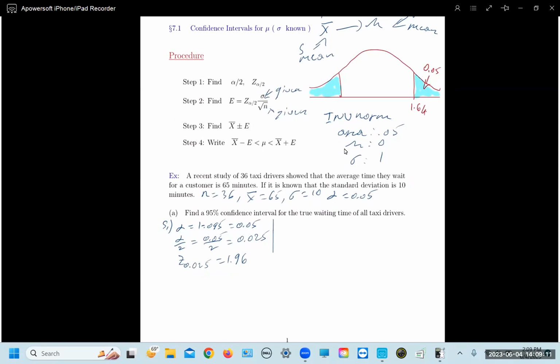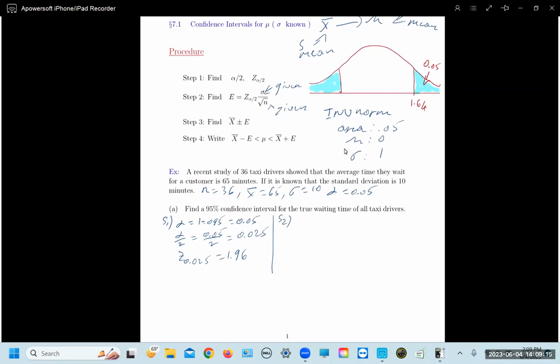So step 2. Get E equal Z of 0.025 times sigma over square root of n. So E equals 1.96 times 10 over square root of 36.